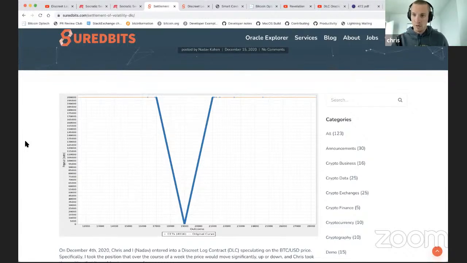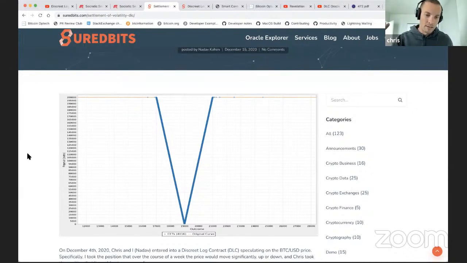If it's still close to $19,000, that means there wasn't very much volatility during the period that we were monitoring for. However, me on the other side of the trade was long volatility. I want to get paid more as the Bitcoin price diverges from $19,000. So as the Bitcoin price hits $20,000, I start getting paid more Satoshis on the y-axis.